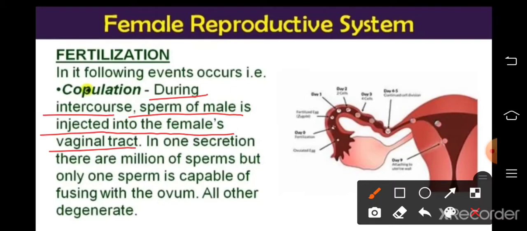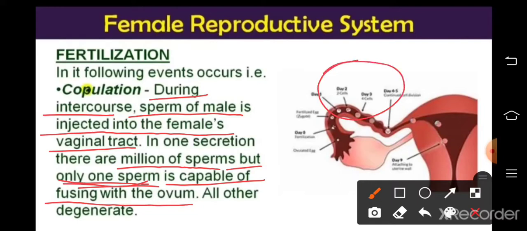In one secretion there are millions of sperms, but only one sperm is capable of fusing with the ovum. All others degenerate.